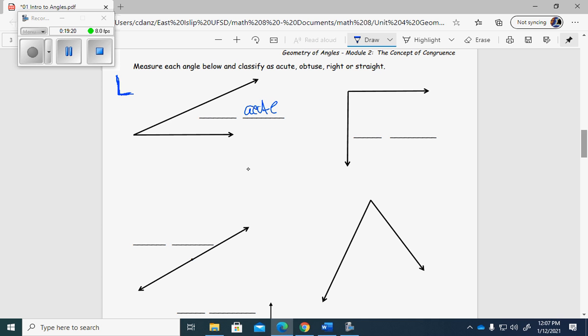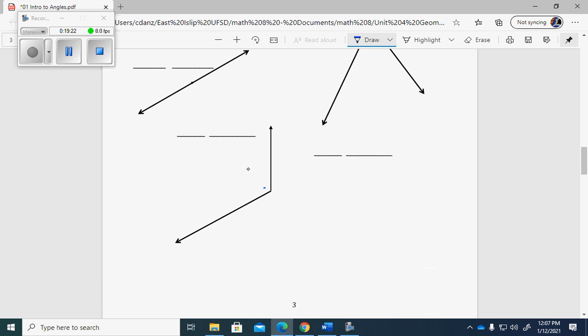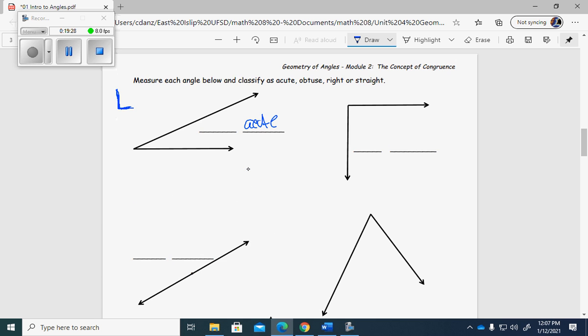If it's a wide L, like this one, then this is obtuse. If it's an exact L, then this one's going to be a right angle. There really should be a box here to tell me it's right if I'm not going to use a protractor to measure it. And if it's a straight line with a dot in the middle, this is a straight angle.